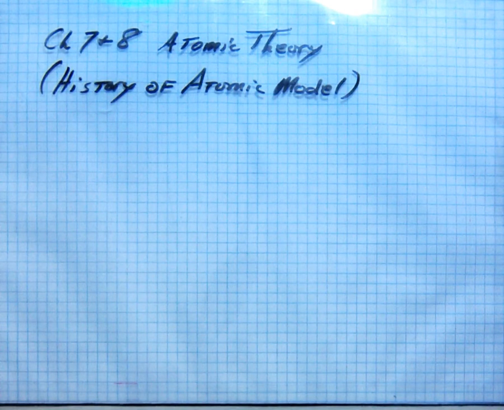Starting with the Thomson raisin pudding model, we will evolve to the Bohr models, the Rutherford model, and the Schrodinger model and add appropriate calculations. They're not very difficult, but they are classic in their nature.